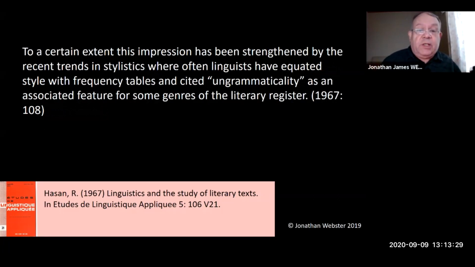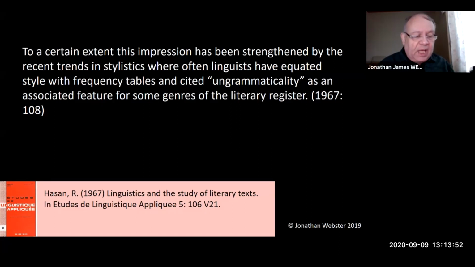She says, to a certain extent, this impression has been strengthened by recent trends in stylistics where often linguists have equated style with frequency tables and cited ungrammaticality as an associated feature for some genres of literary register. In other words, she's saying, to some extent it's true.